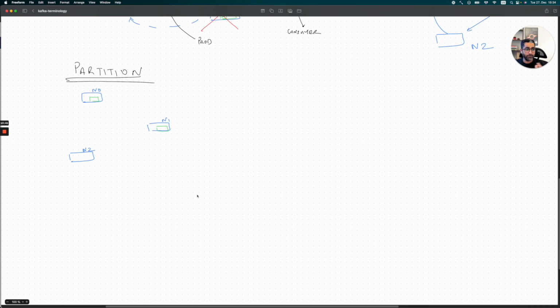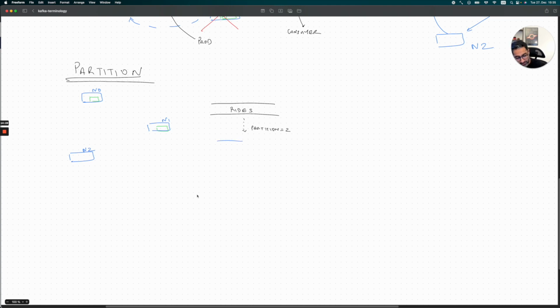If we are partitioning our topic, what we are doing is taking our topic and dividing it into two. So if this was our rides topic, we set the partition equal to 2. What we are basically doing is dividing it into two different parts.